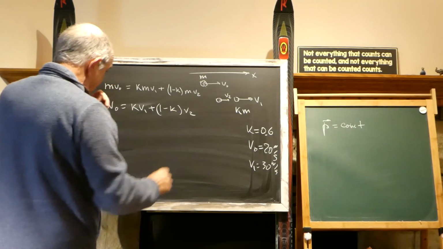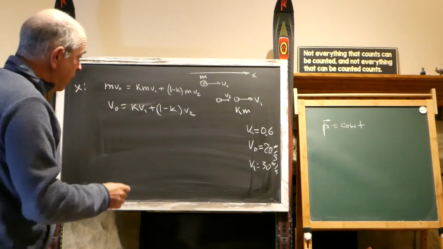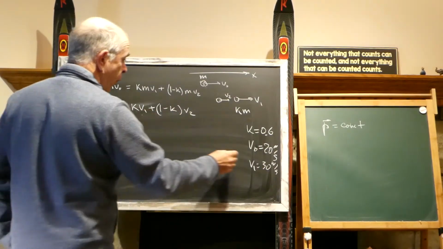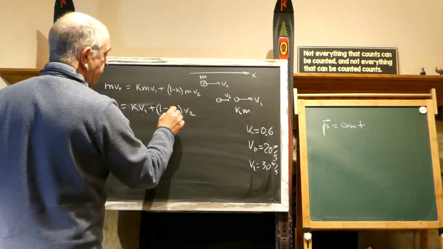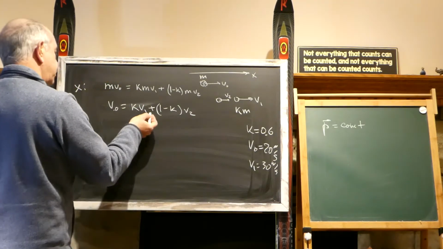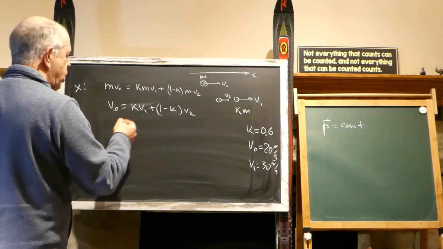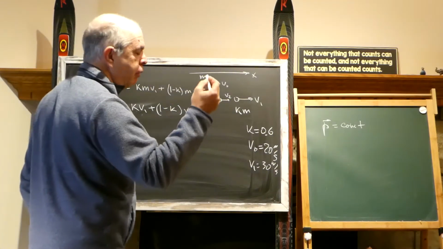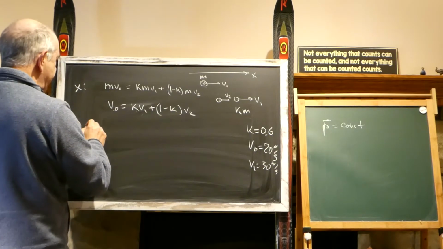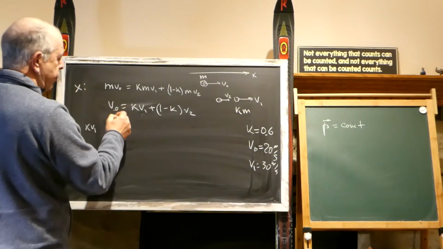And very simple math at that, because v0 is known, k is known, v1 is known, so v2 is not known, but then it's very simple to solve. We move this to this changing sign, or if you want to write it properly, we add minus kv1 to both sides of the equation.